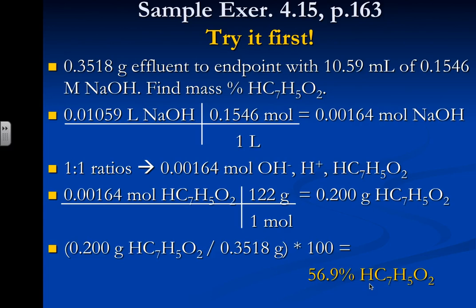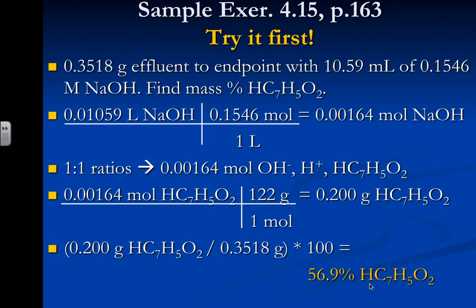But the last part is asking for the mass percent. So once I determine that I have 0.200 grams of this HC7H5O2, and I know how much was in the actual starting amount, you divide the two numbers, multiply by 100, and you've got your percent.